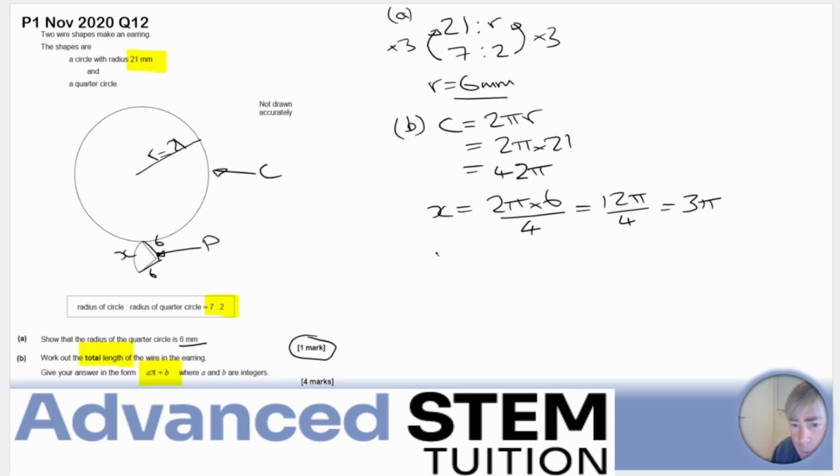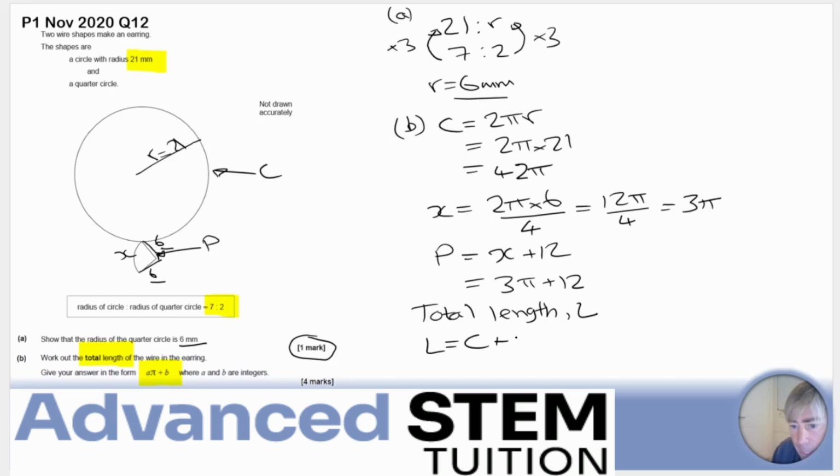Okay, so now I can work out my perimeter, which is effectively going to be the same as x plus our 2 lots of 6, our 6 here and our 6 here, giving me 12, which is equal to 3 pi plus 12. So we want the total length of wire, and I'm going to call that L. And I can simply get L by summing a circumference and our perimeter.